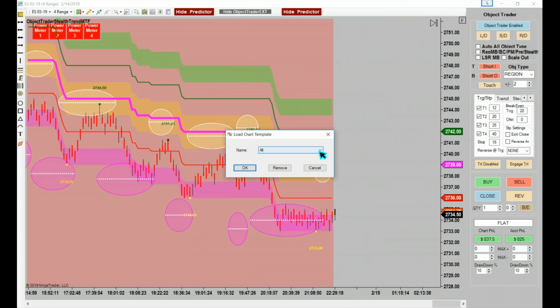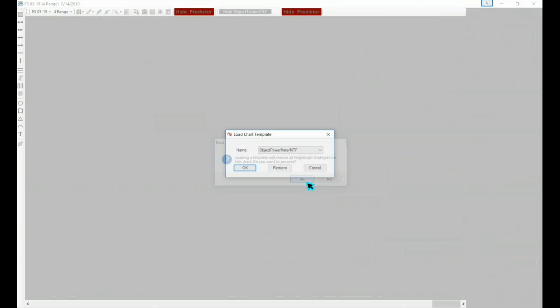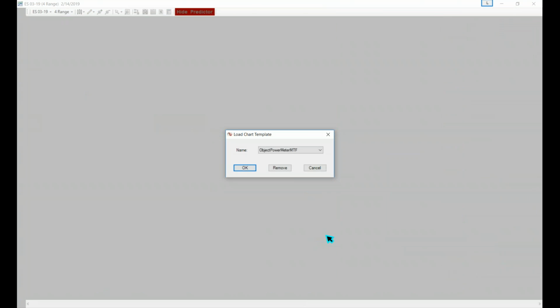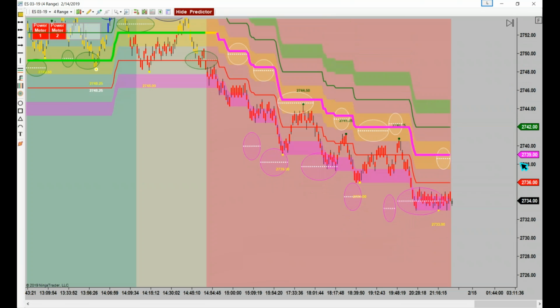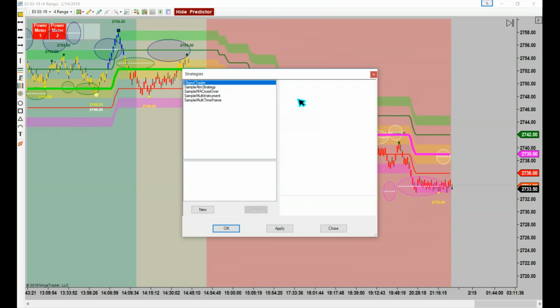Let me reload this. It'll take Object Trader off, unfortunately, but that's all right. All right, let's put Object Trader back on.